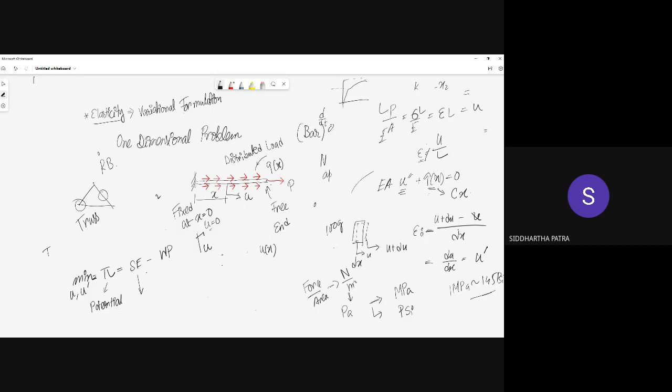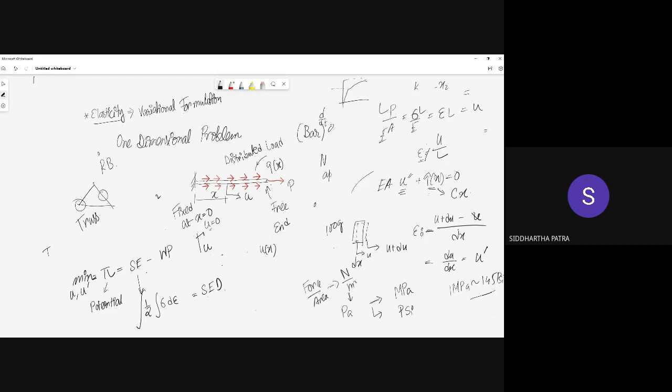So the strain energy is half of, so if I integrate stress with strain, then I get strain energy density, that is the strain energy per unit volume.